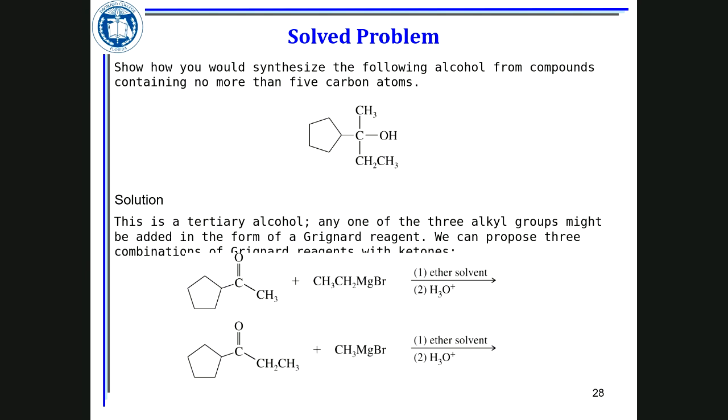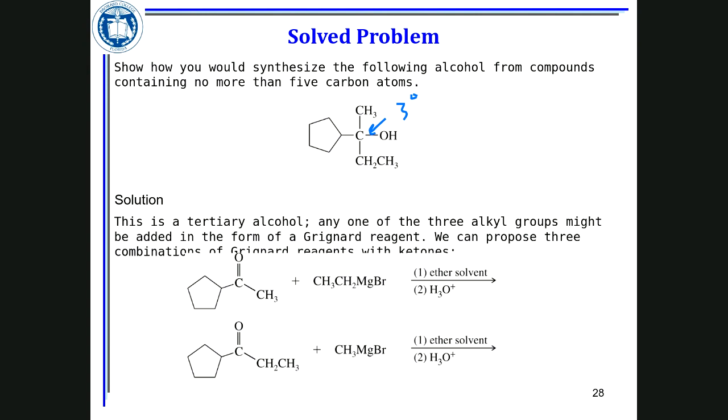This problem we solved already, but you do have a choice. You can make the ethyl Grignard, the methyl Grignard, or the cyclohexyl Grignard. Whatever you take as Grignard, the other two will be your ketone, because it's tertiary, so it has to be Grignard plus ketone.